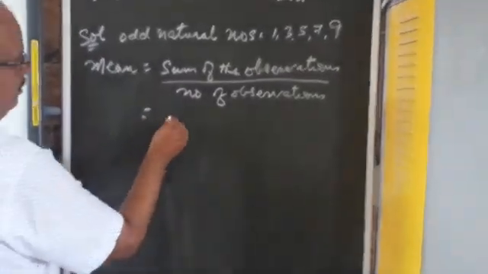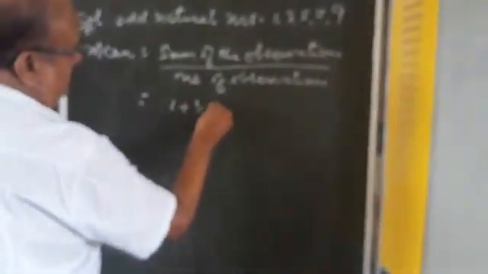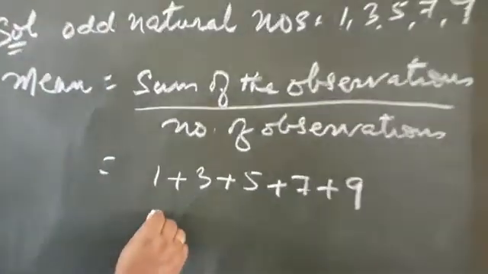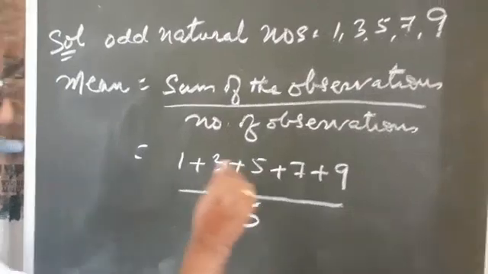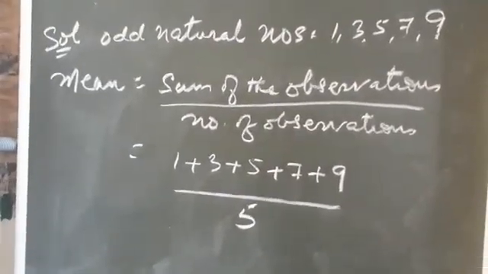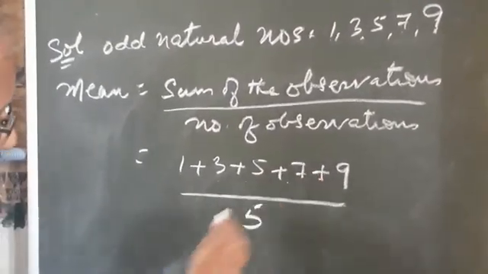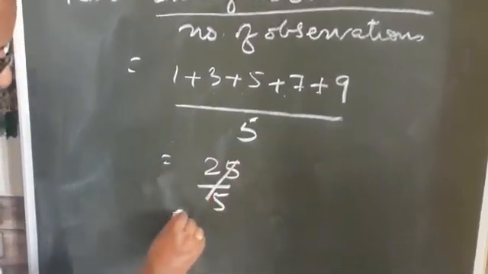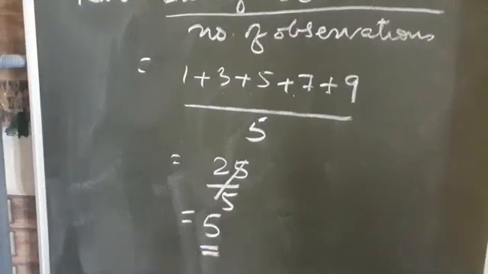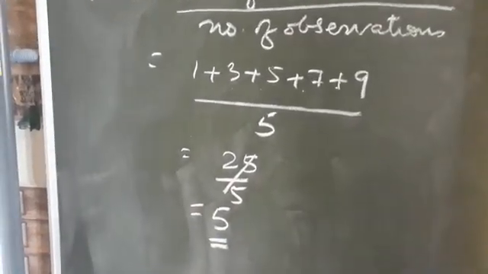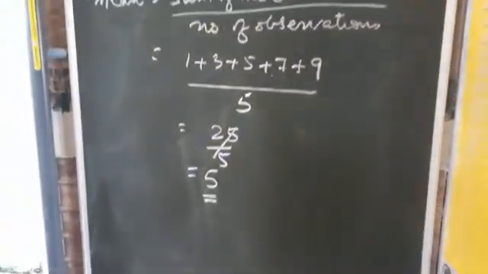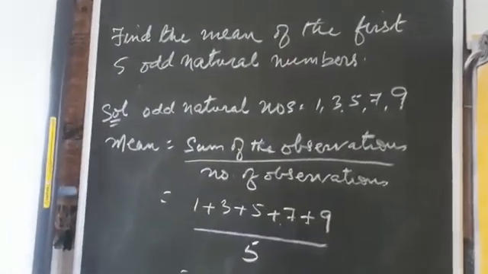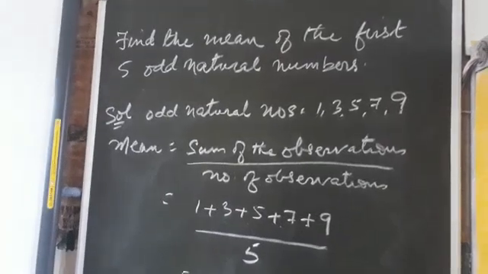So this will be equal to 1 plus 3 plus 5 plus 7 plus 9 by 5. So this gives you 25 by 5. So 5 is the mean. Understood? For calculating the mean, it is the sum of the observations divided by the number of observations.